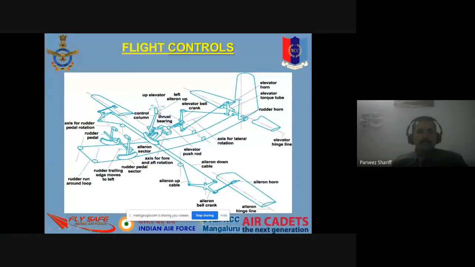This is the control stick, where the cables are connected to elevators, ailerons, rudder, and other things. And these are the rudder pedals, which are connected to the rudder. This is a basic construction diagram.